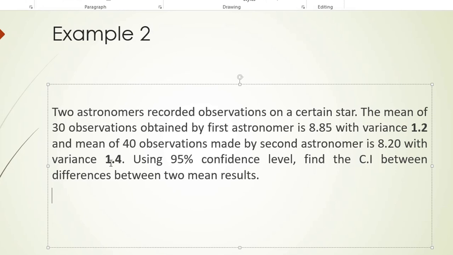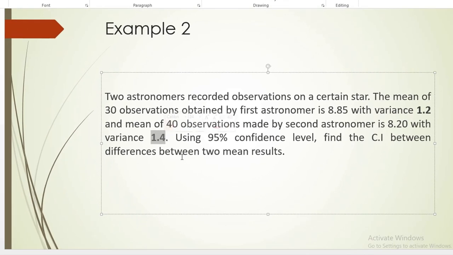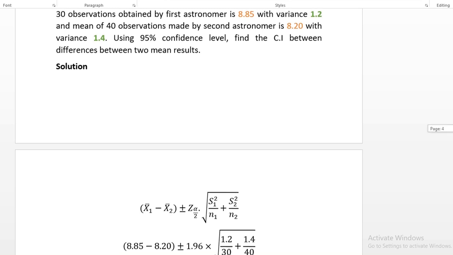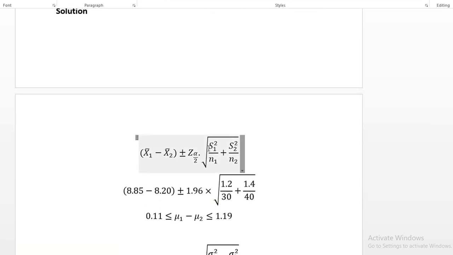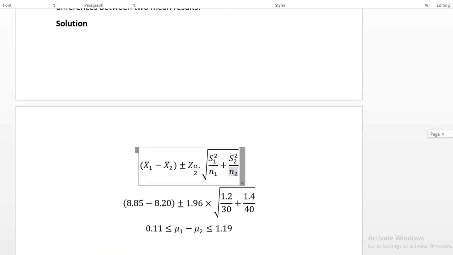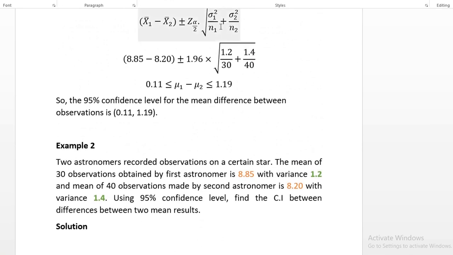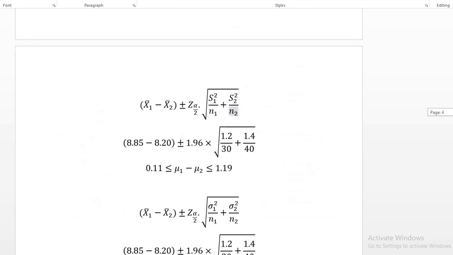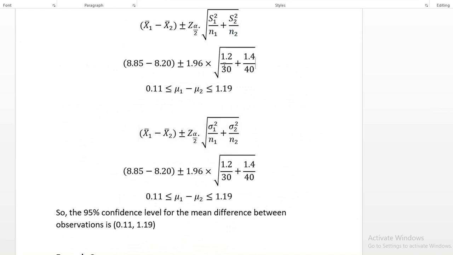So these variances are the sample estimates. The only difference exists in the standard error. We just have to place S in place of sigma. The results are the same, but we have to use an entirely different standard error.